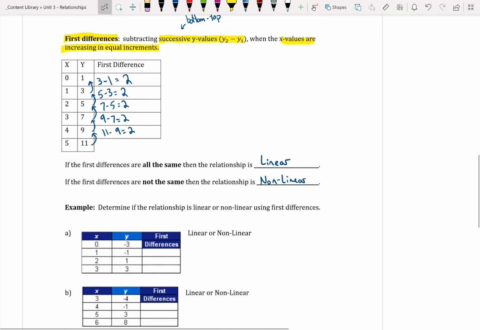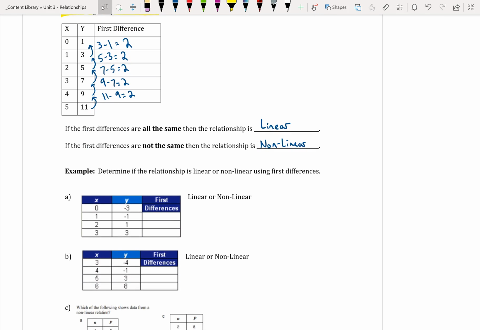So what we're going to do now is just a couple examples to determine if the relationships given are linear or nonlinear. So for A, again, I want to find my first differences. So that means the bottom minus the top. So -1 minus -3 equals 2. Next one, 1 minus -1 equals 2.